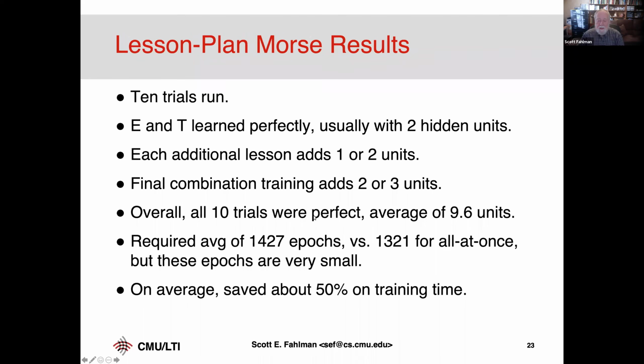Over 10 trials, all 10 were perfect, with an average of 9.6 units created. It required 1,427 epochs, passes through the entire training set, or the small training set that you're teaching at any given time, versus 1,321 passes through the total training set if you're learning it all at once.